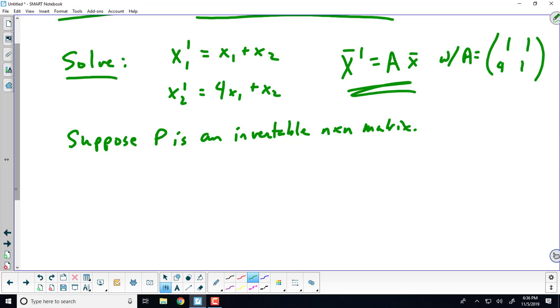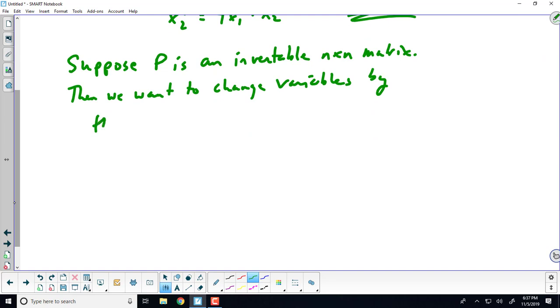Then we want to change variables by the substitution U is equal to P inverse of X. That's the substitution we want to do. Or put another way, X is P of U, which is the more natural way to write it, but that's how we're doing the substitution. Okay?